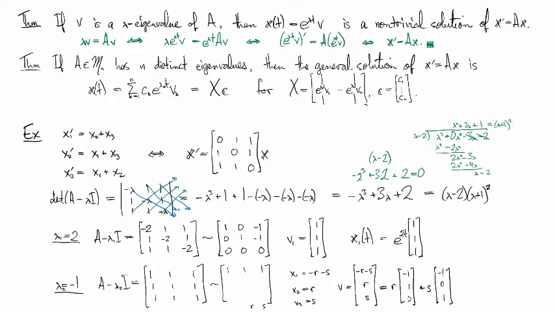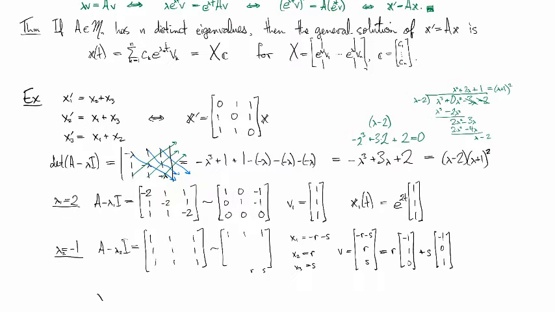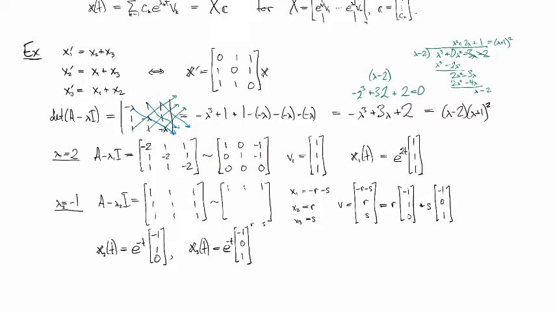So now I got two out of this, so my x2 will be e to the minus t times negative 1, 1, 0, and my x3 will be e to the minus t times minus 1, 0, 1. Okay, now I've got my basis.